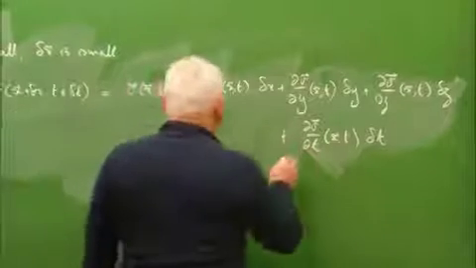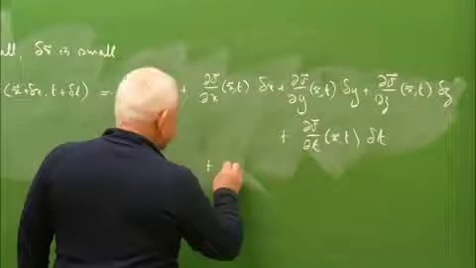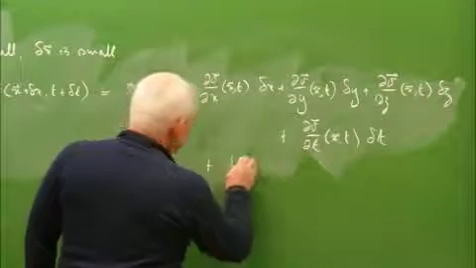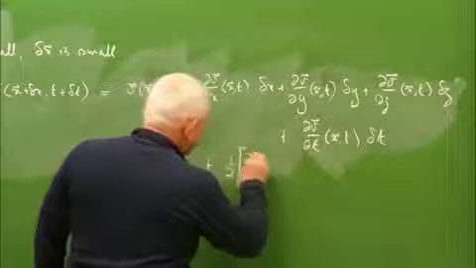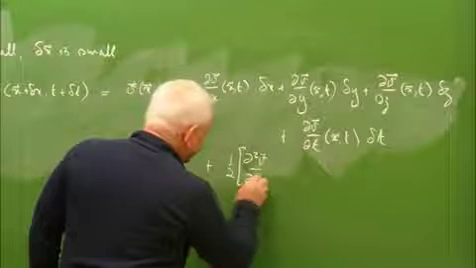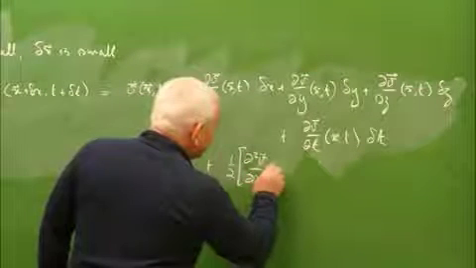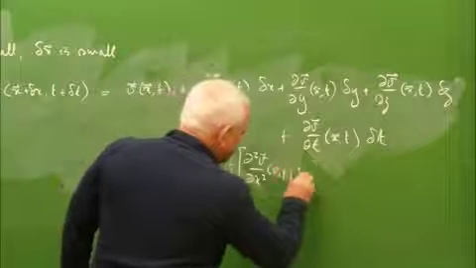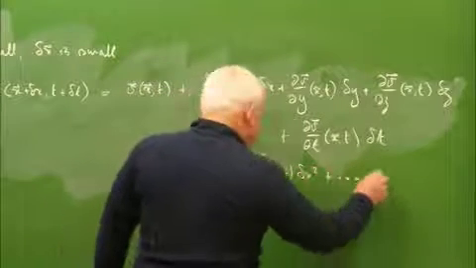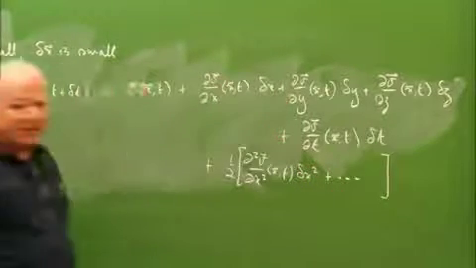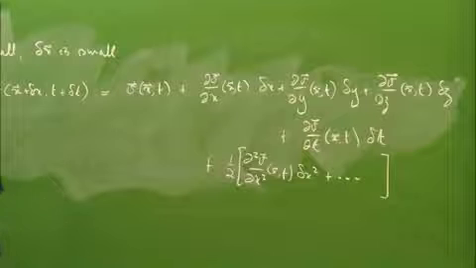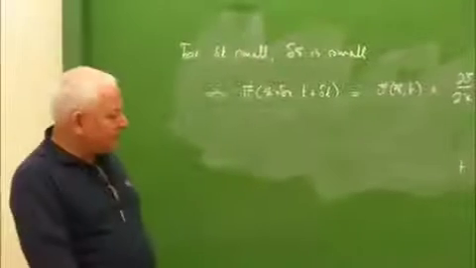And then you get the second order terms, plus 1/2, d2v by dx squared at x and t, delta x squared, plus the remainder of them, and I don't propose to write them out because we don't need them.